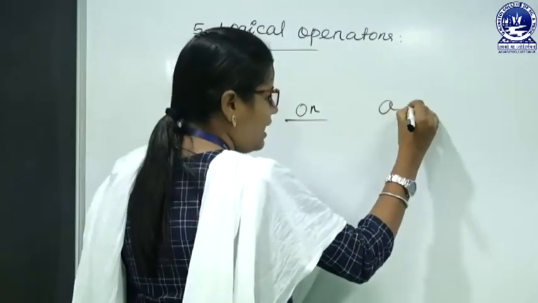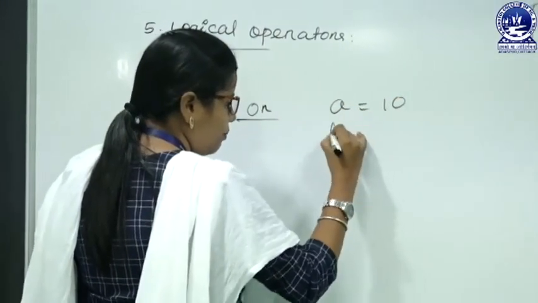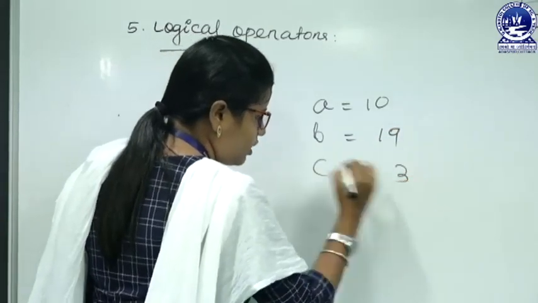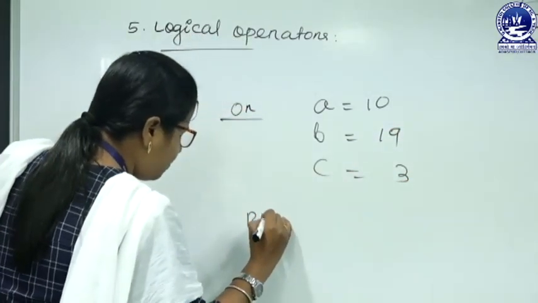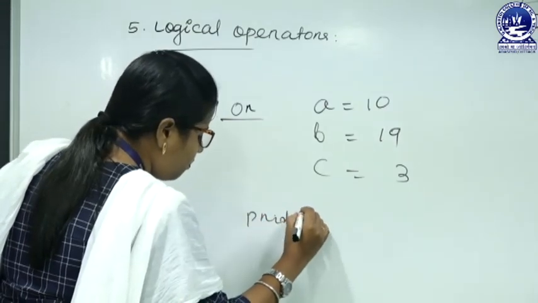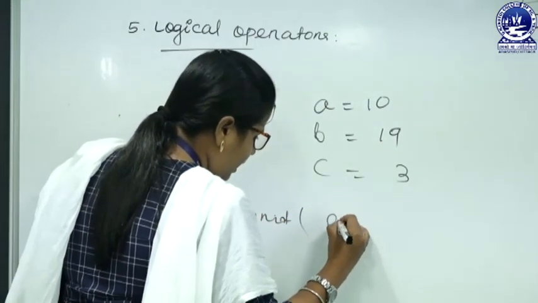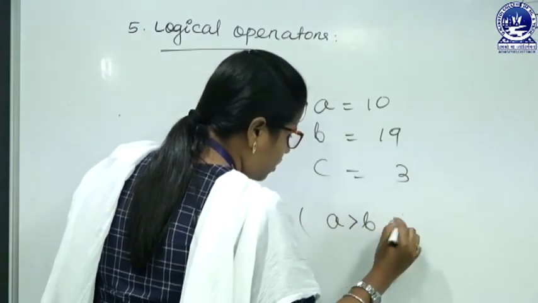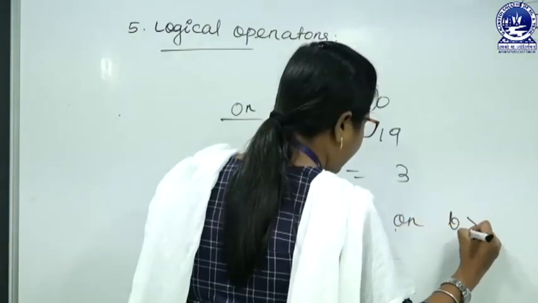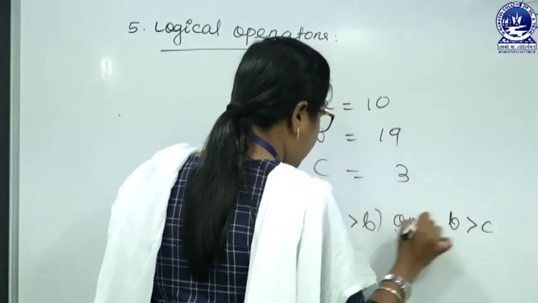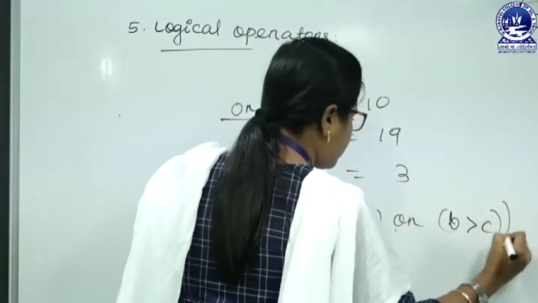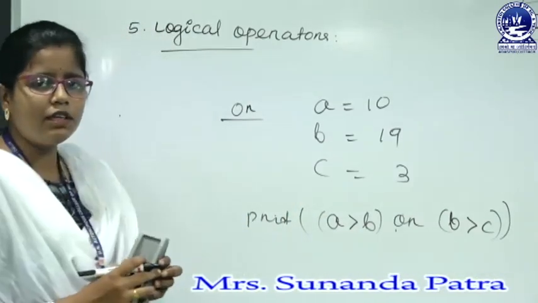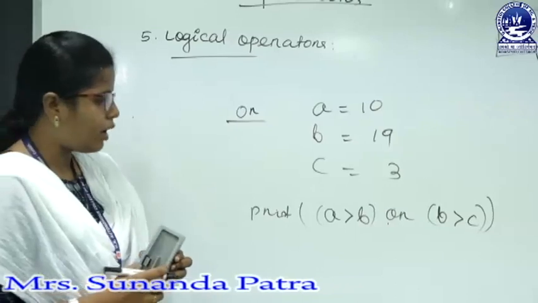Suppose A equals 10, B equals 19 and C equals 3, and I want to print A greater than B or B greater than C. What will be the result? What will be printed on my output screen?